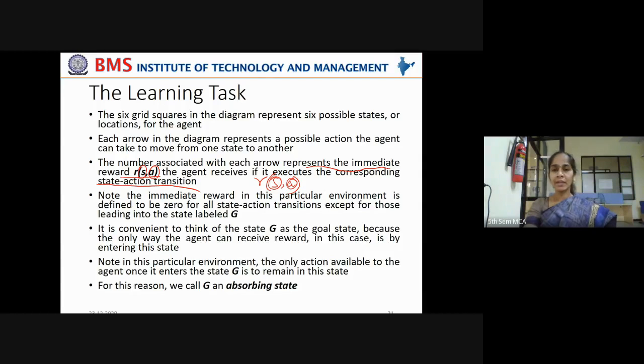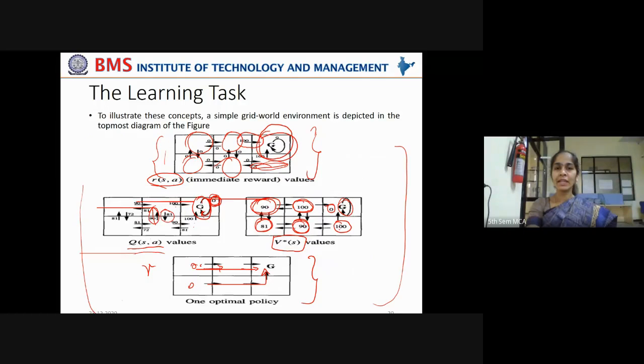Now note the immediate reward in this particular environment is defined to be 0 for all state action transitions except for those leading to the state labeled G. That is what we have seen, right? In this state, in this state, everywhere the reward given for the action is 0, except when it is reaching its final goal state.